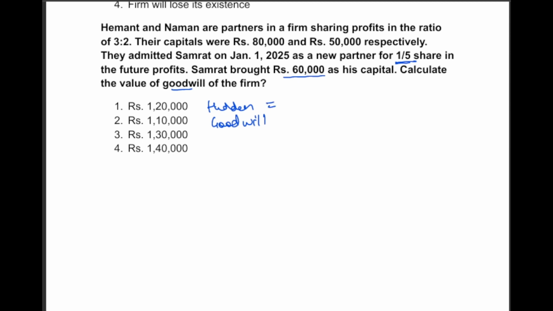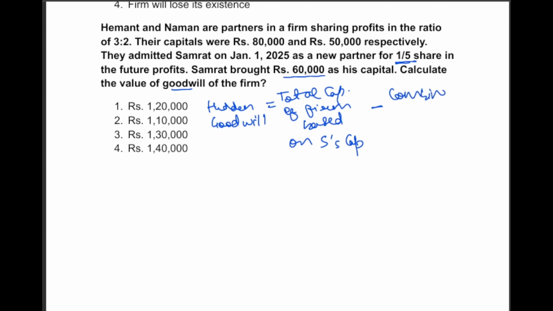I hope you remember the formula. It is an important formula. The formula for hidden goodwill is the total capital of the firm on the basis of the new partner, so in this case Samrat's capital, minus the combined capital of all partners.